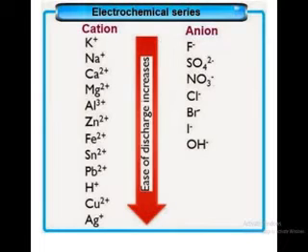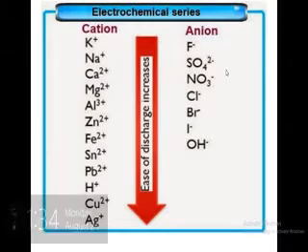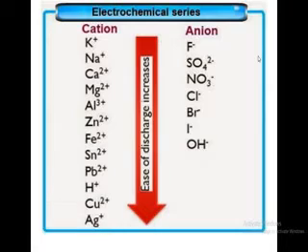As we know, metals form the positive ions, so the cation series comprises the same metals. In anions, we are going to see the ability of fluoride, sulfate, nitrate, chloride, bromide, iodide and hydroxide to get discharged.